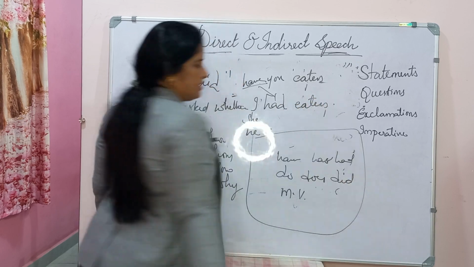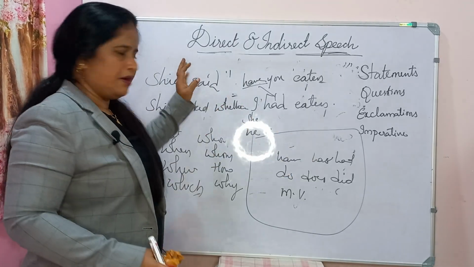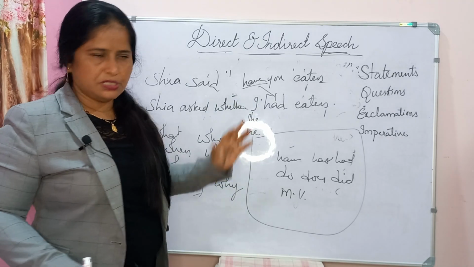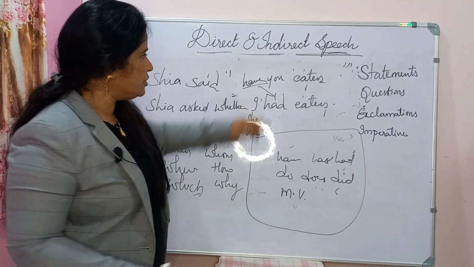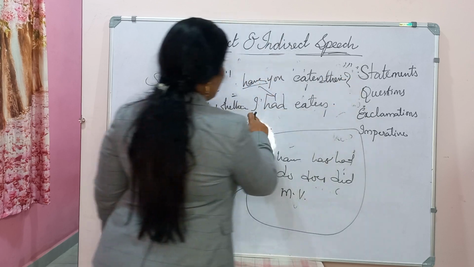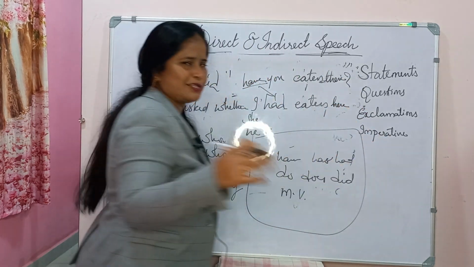This present tense will change into past tense, the same. We have to remember, because the time changes and the place also changes. If she says have you eaten there, whether I had eaten here or there, that also depends.